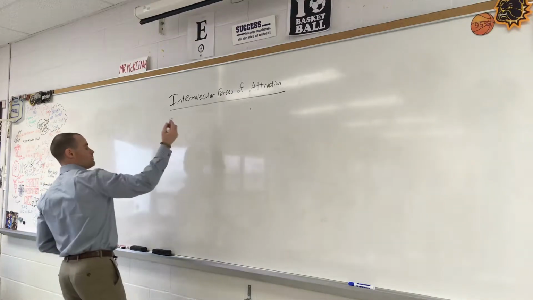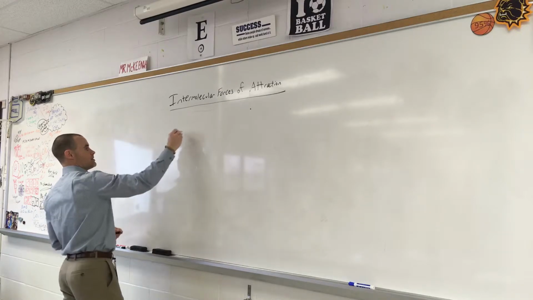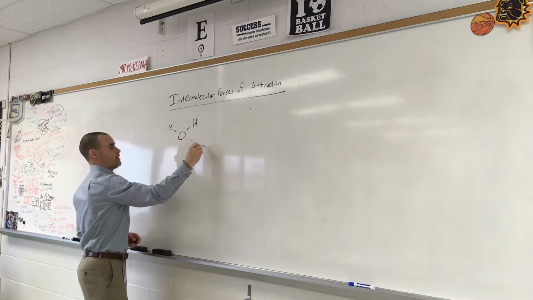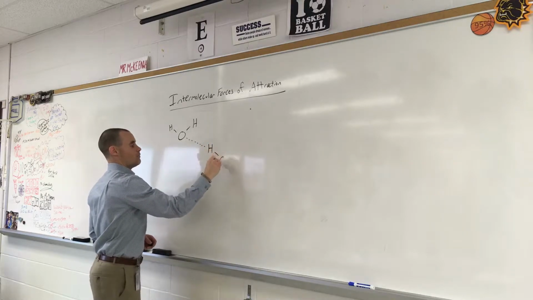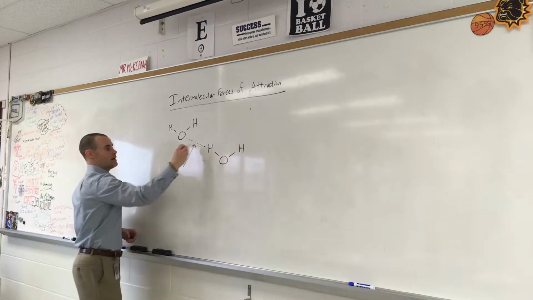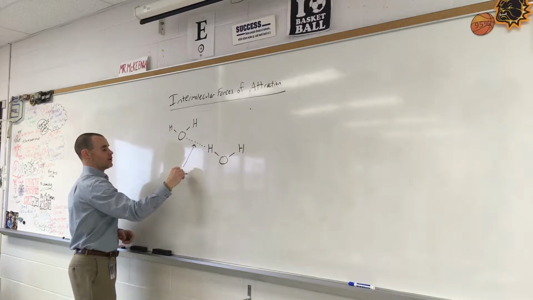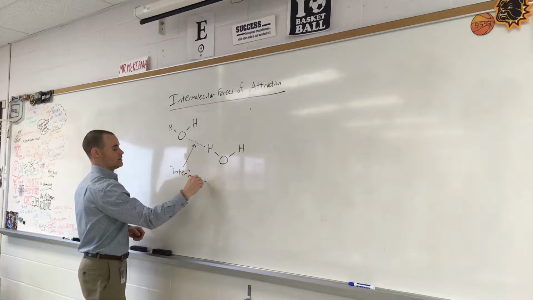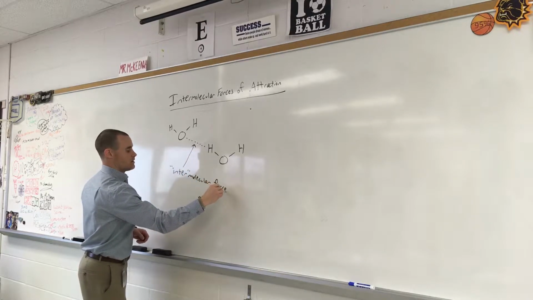Intramolecular. So we'll do exactly what I just did there. We'll take two water molecules and put a dotted line between the O of one and the H of another. That dotted line is called our intermolecular force.